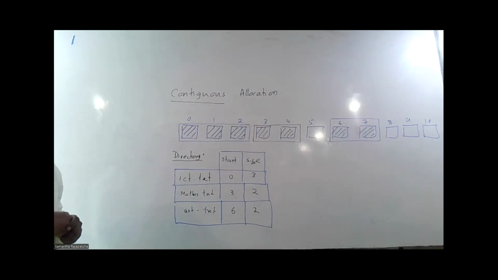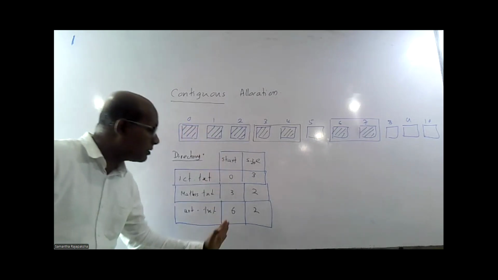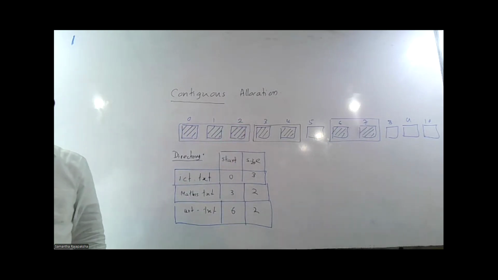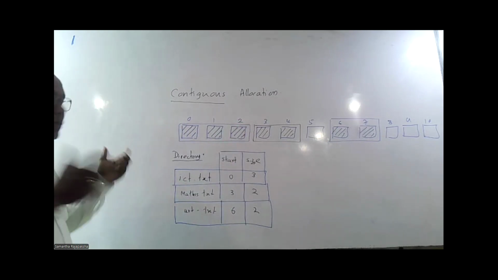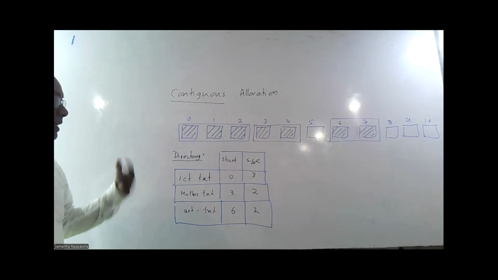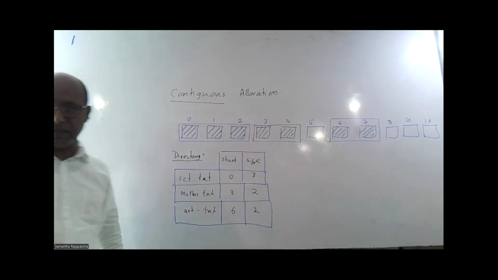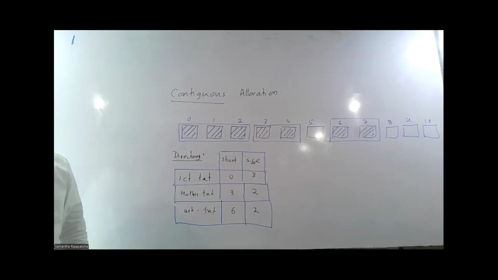In the directory, we store the starting block and how many blocks are necessary. So that is called the contiguous allocation.